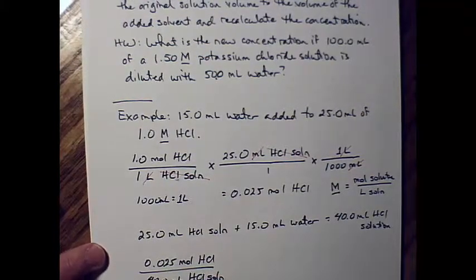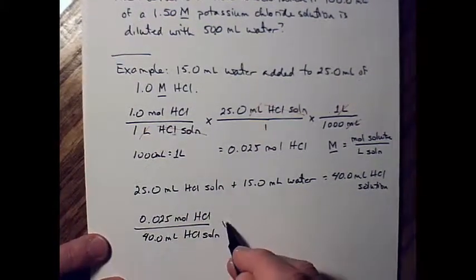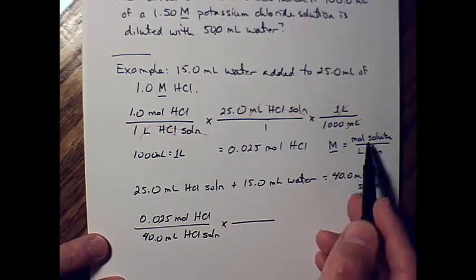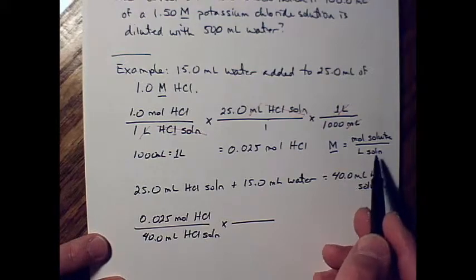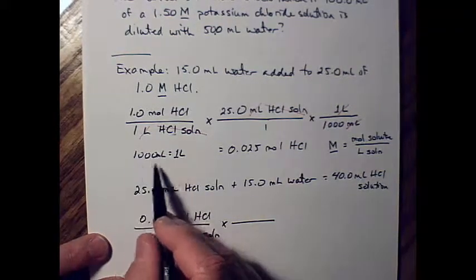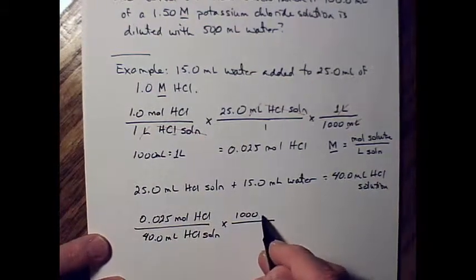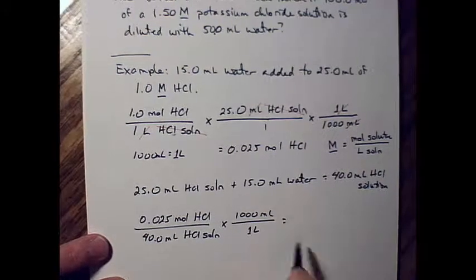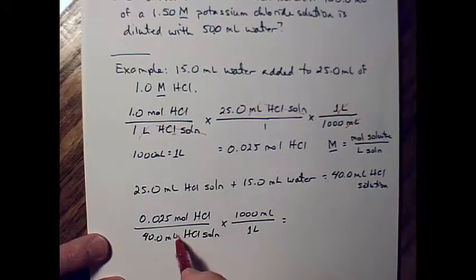We've got to have it in liters to have molarity. Molar concentration comes in moles of solute per liters of solution. So I've got to convert that. We already have an equality statement here, 1,000 milliliters over 1 liter. Milliliters are going to cancel.